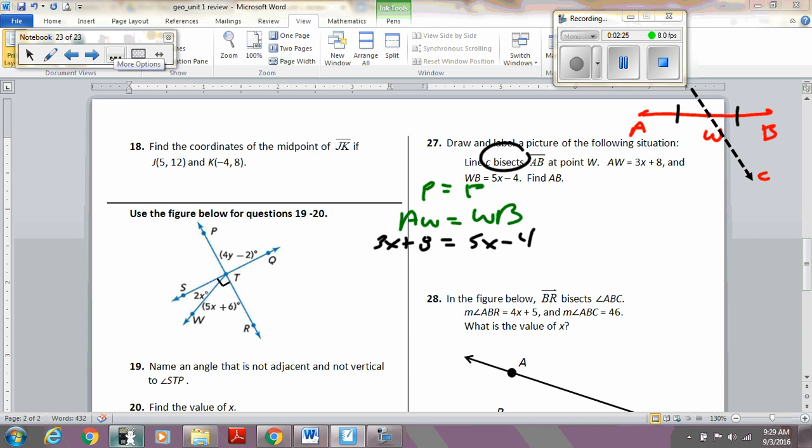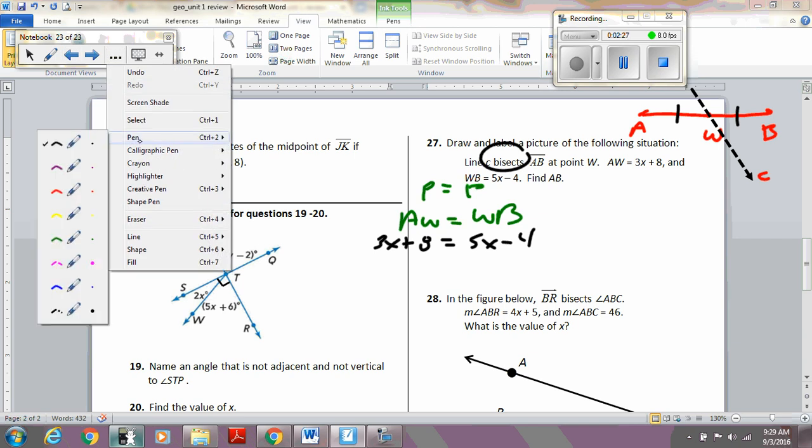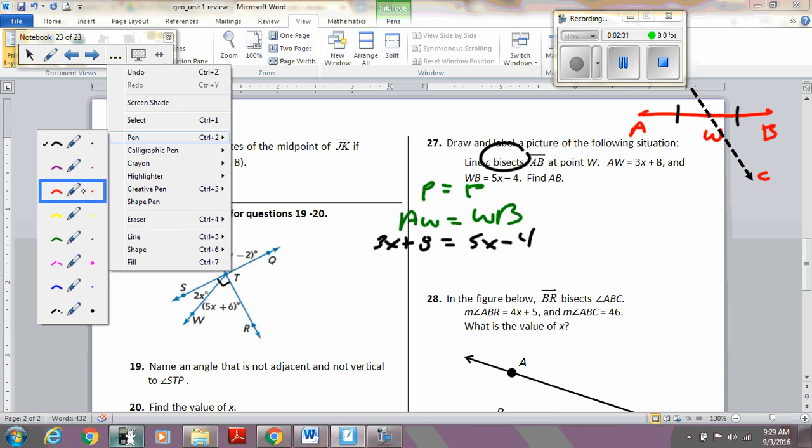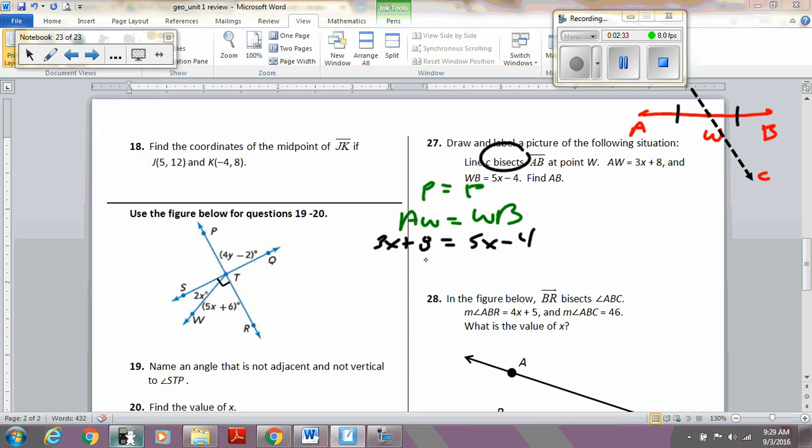Solve for x. Subtract 3x from both sides leaves you with 8 equals 2x minus 4. Add 4 to both sides would leave you with 12 is equal to 2x. Divide both sides by 2, and that would give you 6 is equal to x.